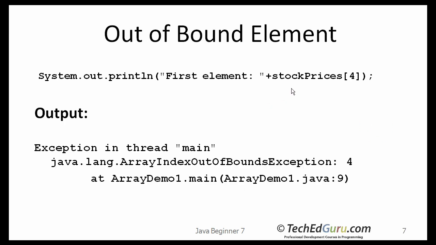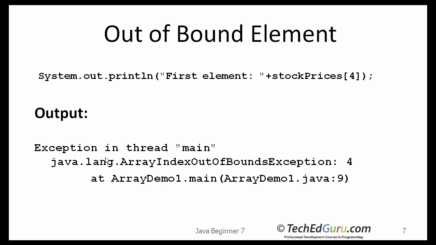This is what you would see if you try to print or access the stock prices with an index of 4. Remember, the array we created earlier has a size of 4, which means that the valid indexes are 0 through 3. If you try to run this program, you will not have a problem at compile time, but when you run the program, it will give you this output.